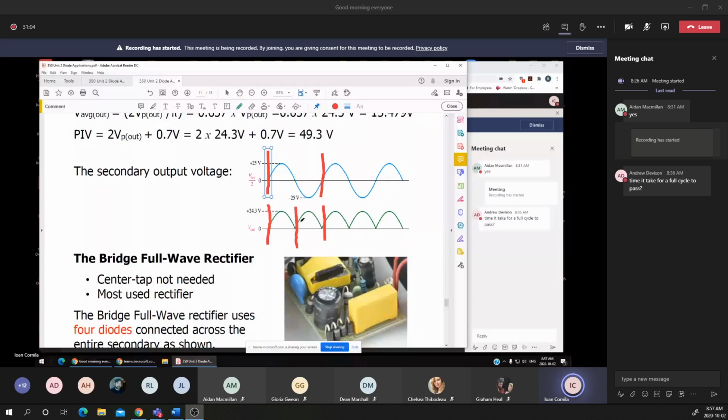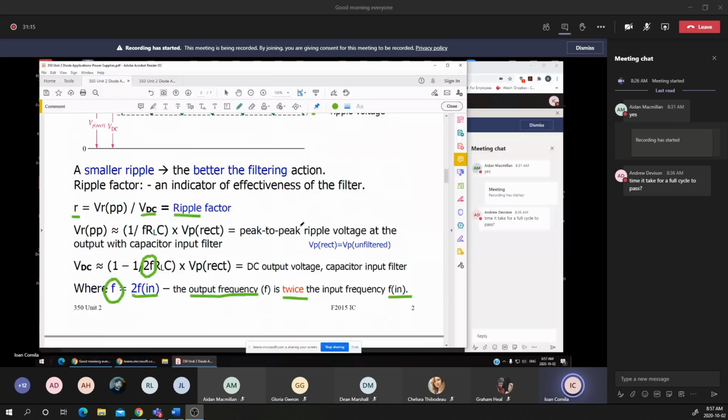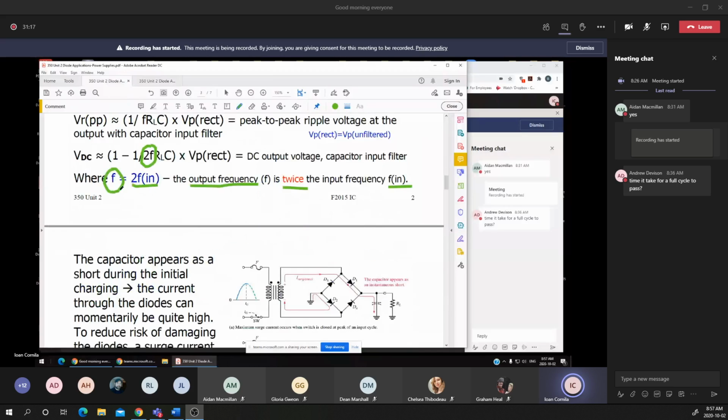Always the frequency of the output voltage is twice the frequency of the input voltage. That's why I review this part of this component, and I put that in writing. The frequency is actually twice the frequency of the input voltage.